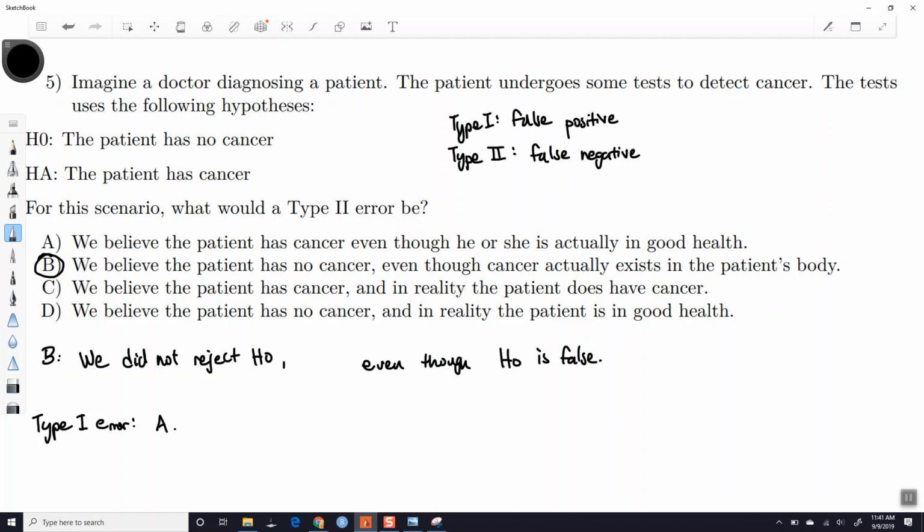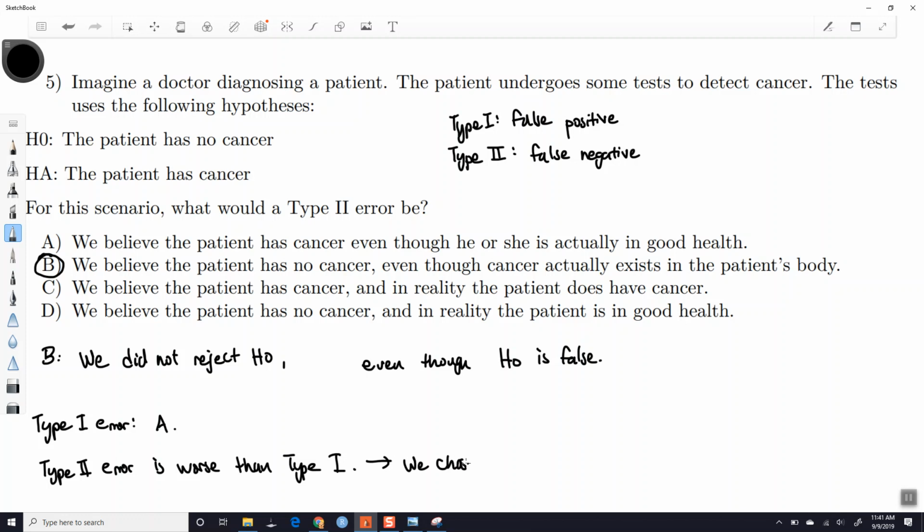But anyway, type 1 error is that, and we generally say type 2 error is worse than type 1, okay?